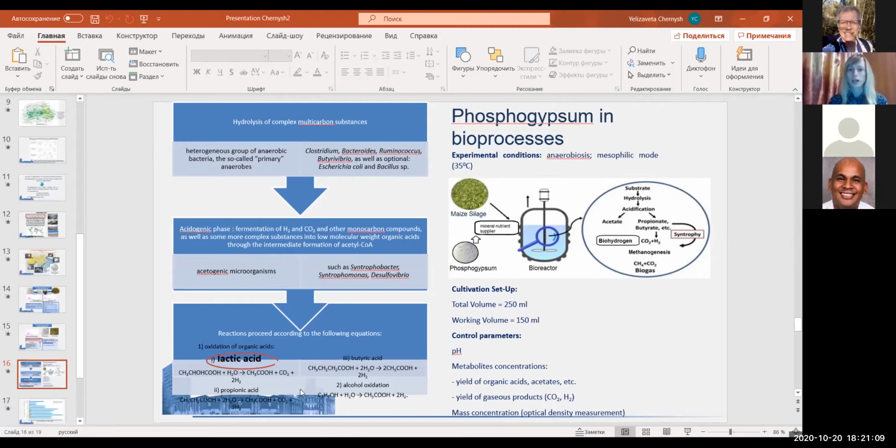It includes the state of this process, and we see the reaction of lactic acid production, which of course is the most important type of monomer that can be used for biopolymer production and bioplastic production.